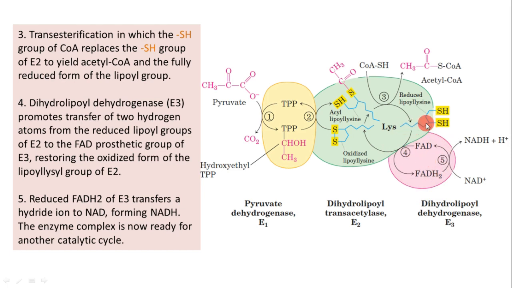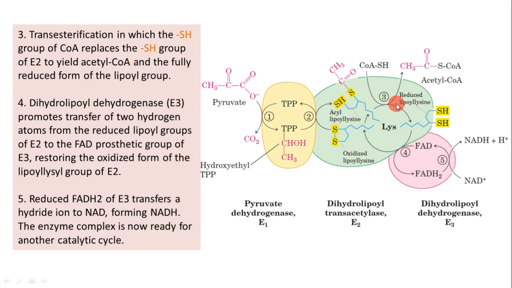And thereby what happens? The reduced lipomide is again oxidized into its former form, that is oxidized lipomide, and in this way the cycle may continue. It can take up another acetyl group from the thiamine pyrophosphate.